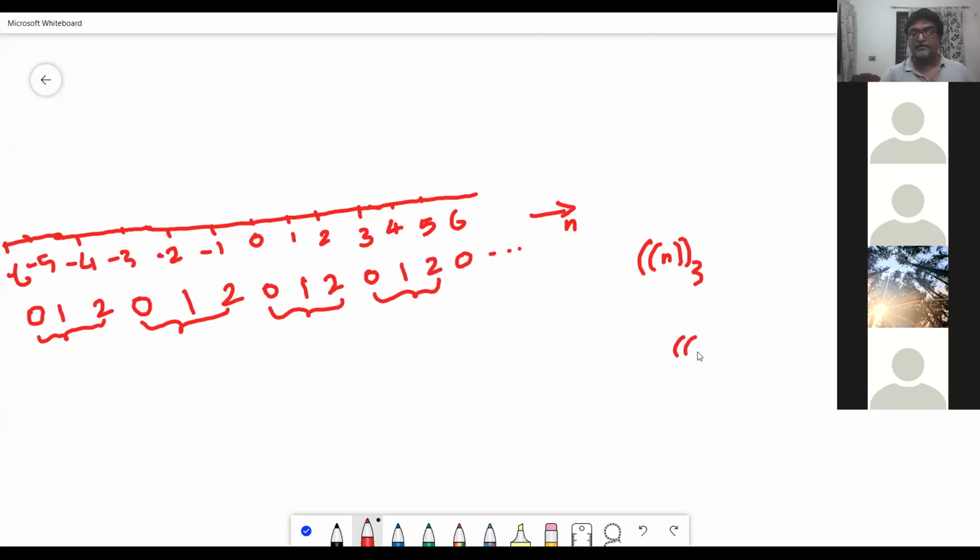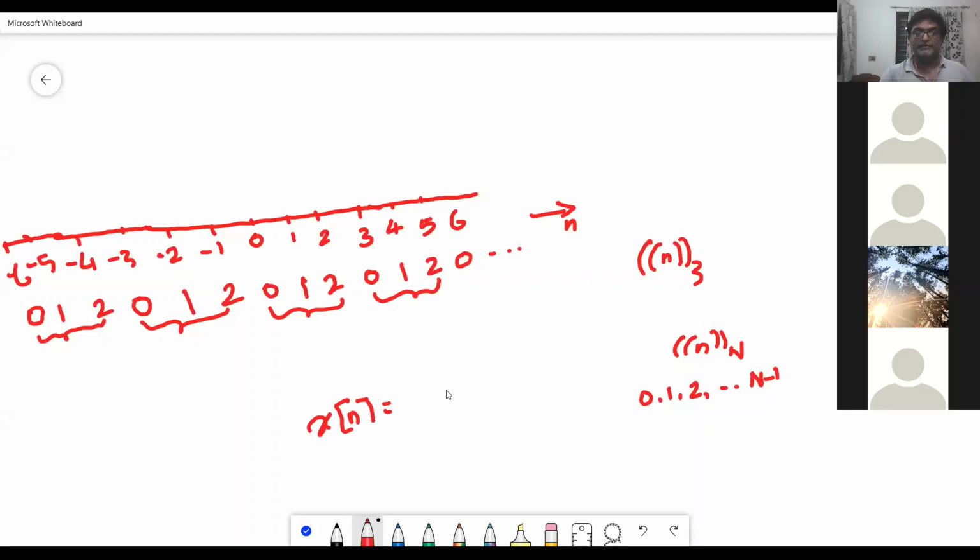So if I write n modulo n, it will have unique values only from what? Please tell me. 0, 1, 2, etc. up to n minus 1, right? Is that understood? So let me now think of a signal x of n.